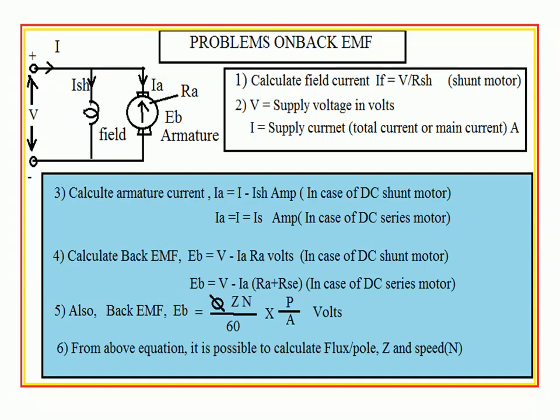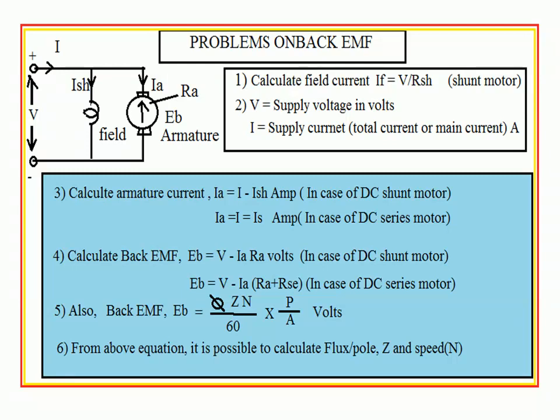By using Kirchhoff's current law, next you calculate the armature current. That is, total current I equals IA plus ISH. Hence IA equals I minus ISH in case of a DC shunt motor. In case of a series motor, all currents are the same because the field winding is connected in series with the armature.